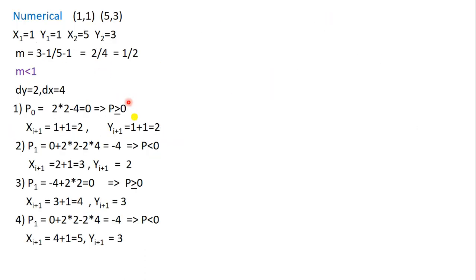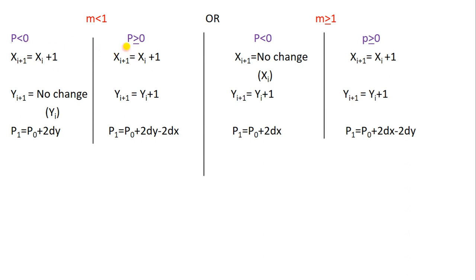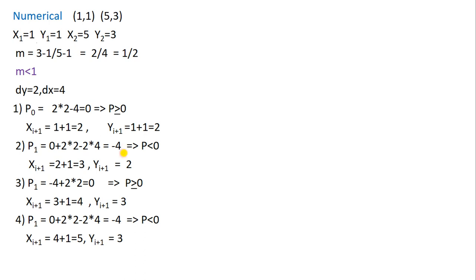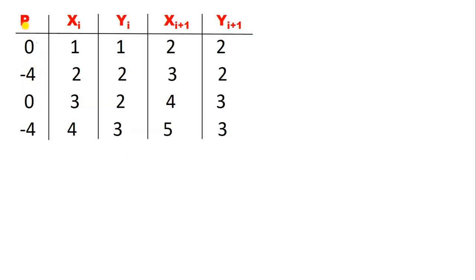Okay, the P value minus 4 is less than 0. If the P value is greater than or equal to 0, we should take this section. Now the P value is less than 0, that is minus 4. Then now we have to consider this part and ignore the other part, and this minus 4 we have to write here in the P case. Now what will we do?